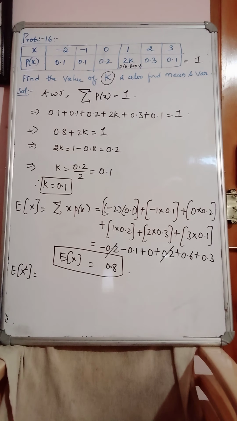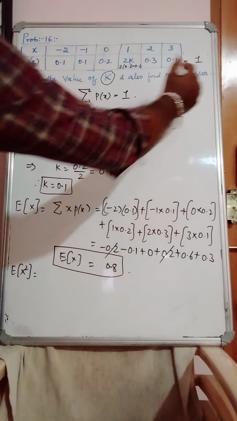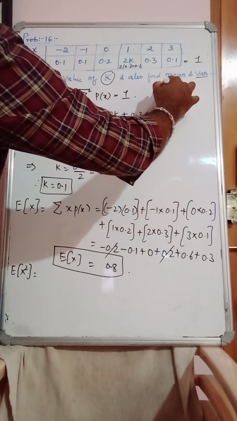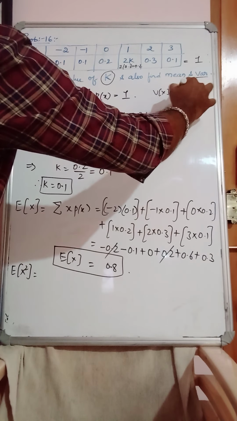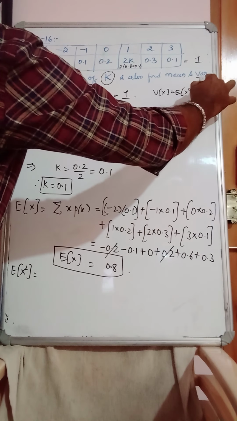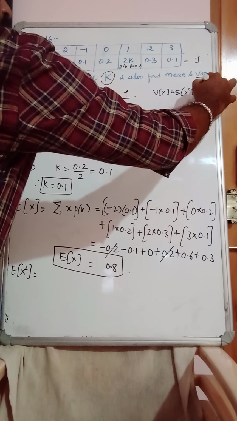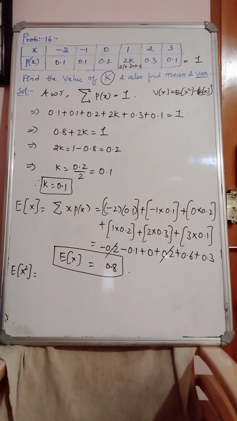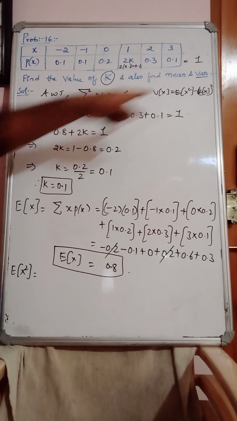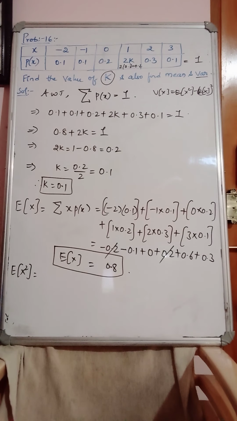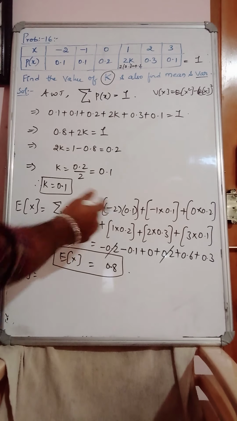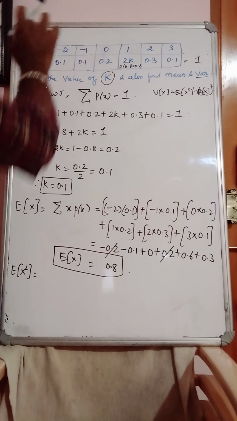Similarly, the expectation of x square. Why are we calculating the expectation of x square? Because we need the variance. What is the formula of variance? Expectation of x square minus expectation of x whole square. You know the formula. For that, the expectation of x square is needed, obviously. Find the square of x into the probability of x.